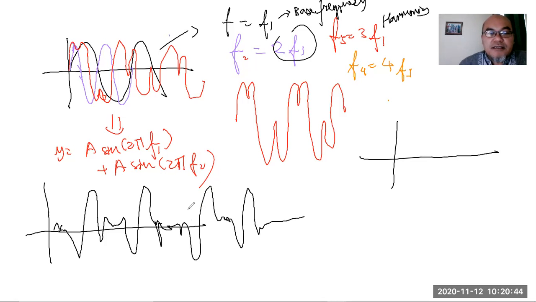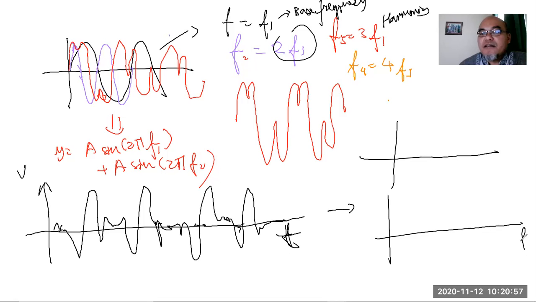This is a time domain signal, voltage as a function of time. We would like to change it into a frequency domain signal. So we want to know the frequency components of this signal.